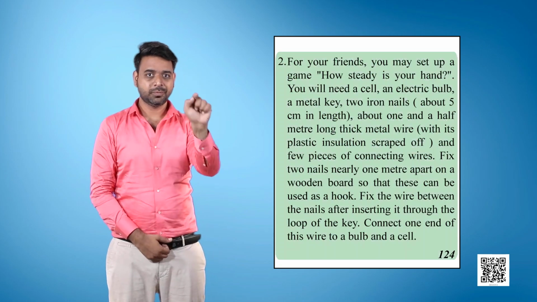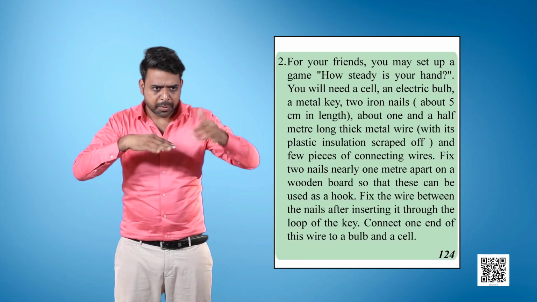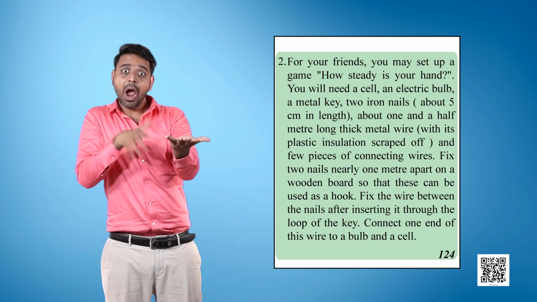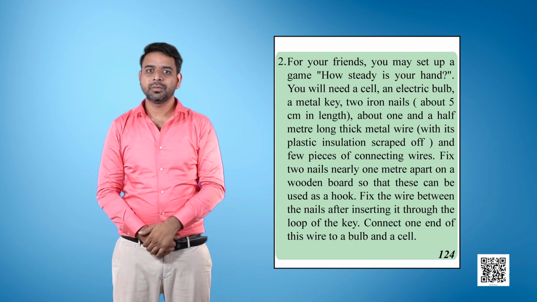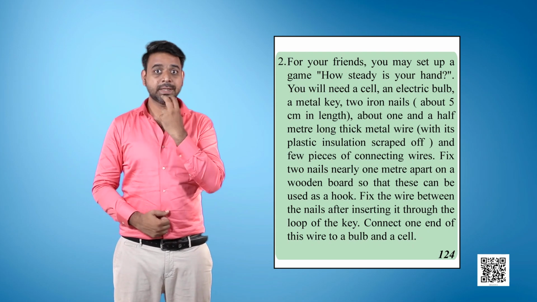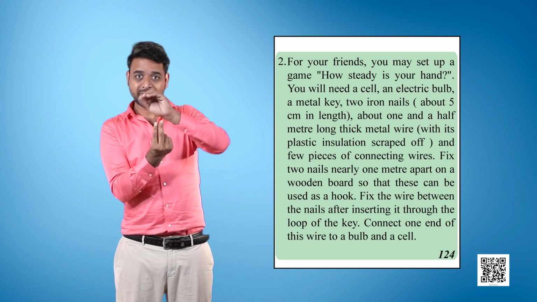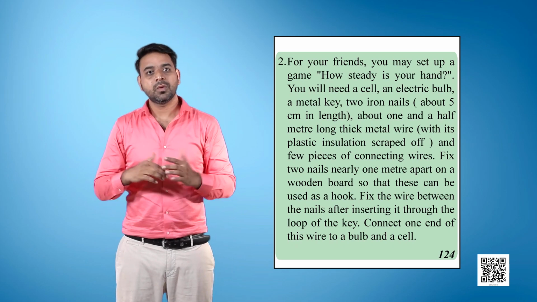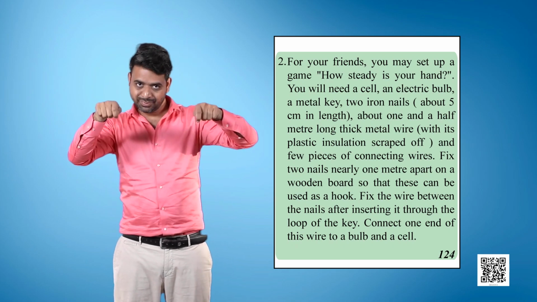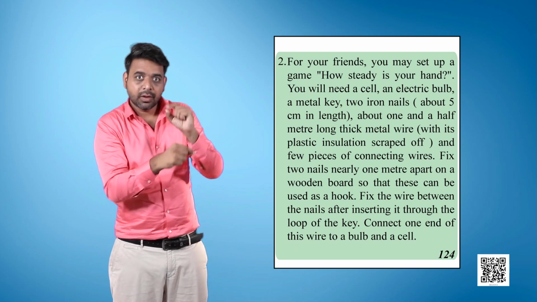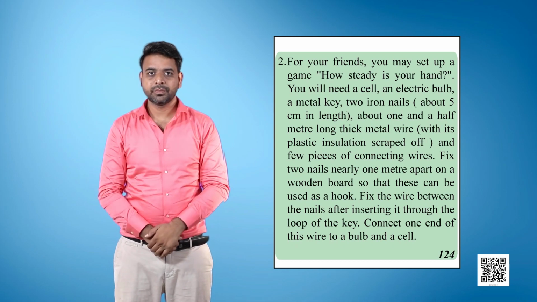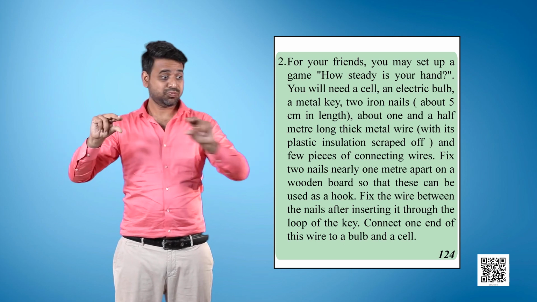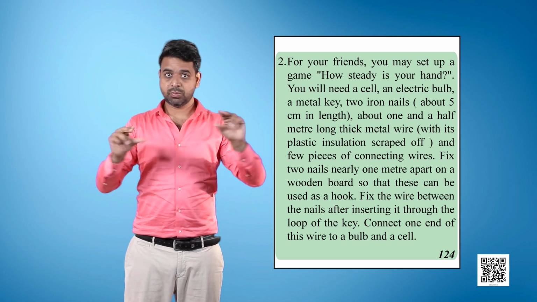2. For your friends, you may set up a game, How steady is your hand? You will need a cell, an electric bulb, a metal key, 2 iron nails about 5 cm each in length, about 1.5 meter long thick metal wire with its plastic insulation scraped off, and a few pieces of connecting wires.